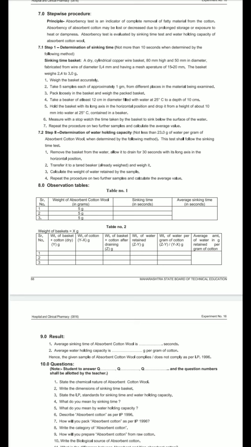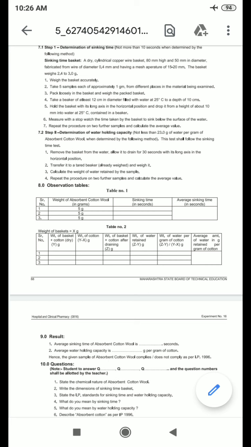Then weight of basket with cotton after draining, z. The next column is weight of water retained, that is z minus y. The next column is weight of water per gram of cotton, that is z minus y divided by y minus x.